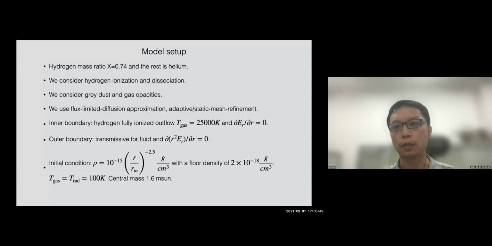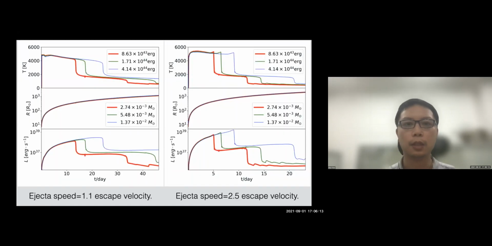The initial density is a power law density profile with a floor density, and we set the initial temperature as cold. The central mass is a 1.6 solar mass object to mimic V39 Scl.